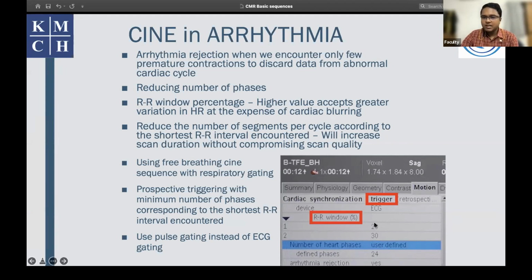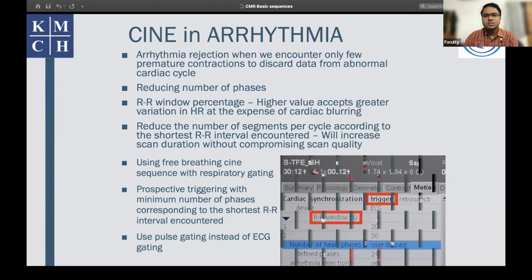This can be increased to say 30 to 40 or 40 to 50, meaning that the system will accept the variation in RR interval up to 20 to 30% from one beat to the other. Increasing the RR window percentage will result in cardiac blurring, but at the same time you'll be able to get diagnostic quality images.